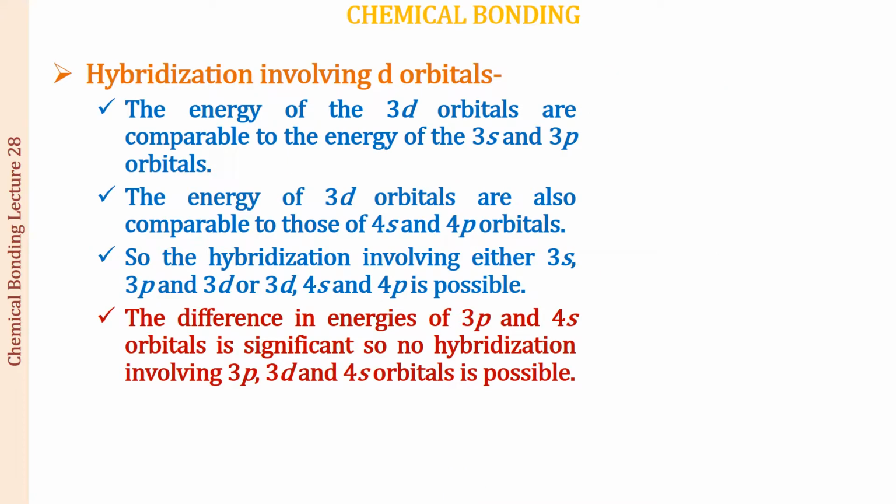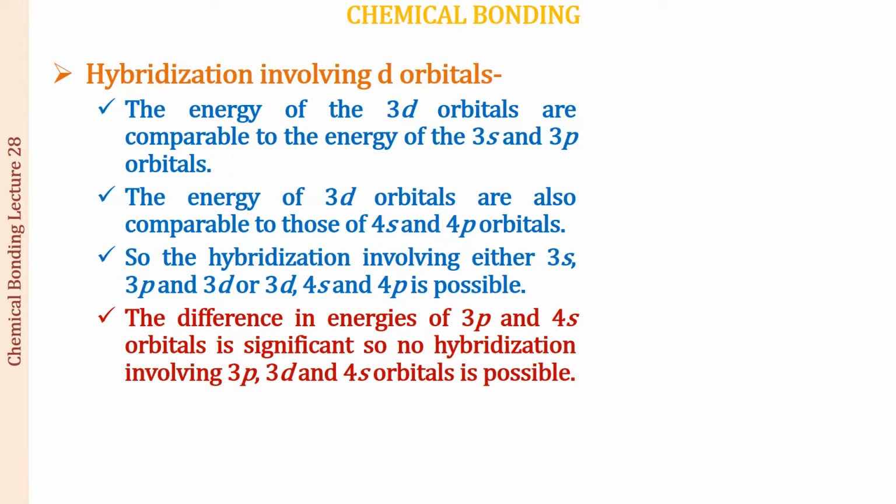So before we can actually begin with the discussion on the hybridization involving d orbitals, I would just take you back and revise the introductory lecture on hybridization. There we learned what are the types of orbitals which are going to undergo hybridization. One thing that we learned was that the orbitals which are undergoing hybridization are the ones which are almost equal in energy.